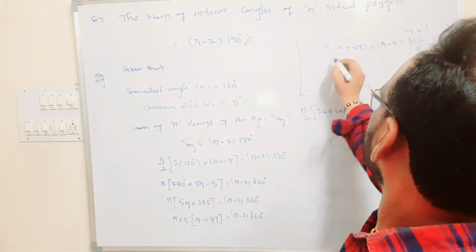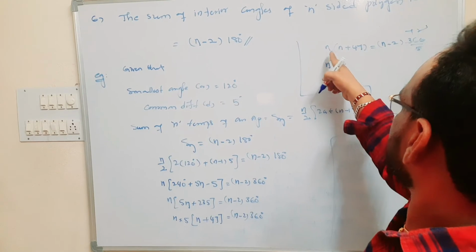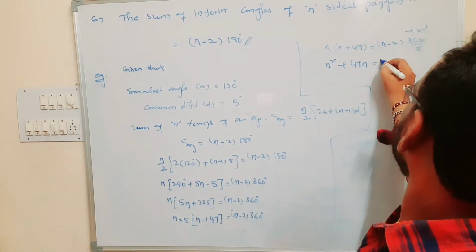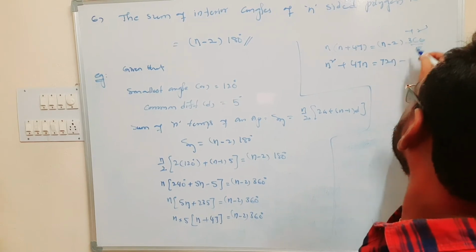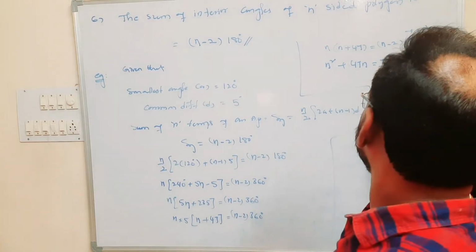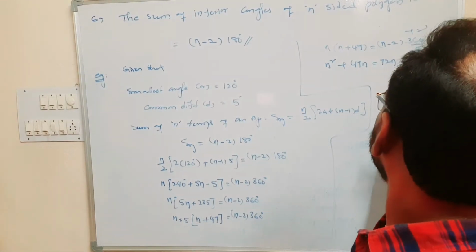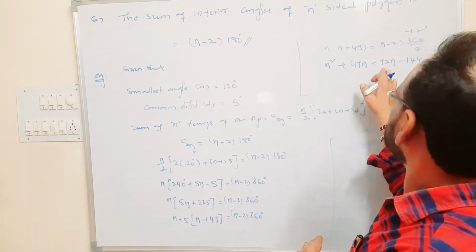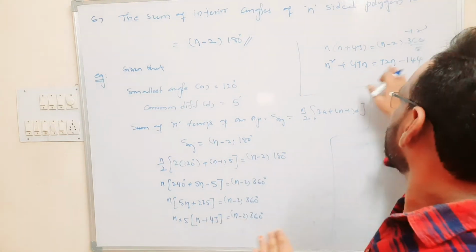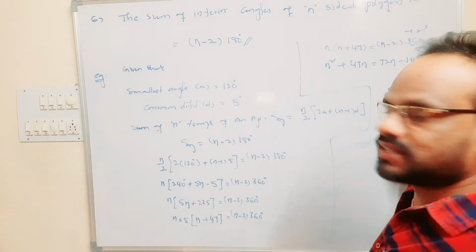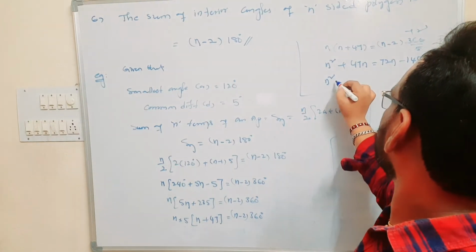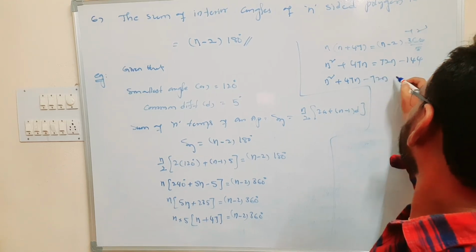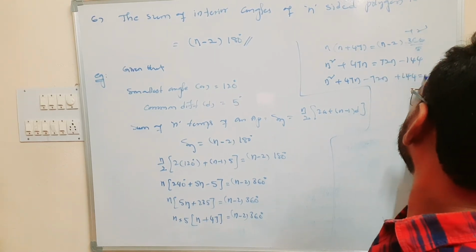So n into n is n square, plus n into 47n, is equal to 72 into n, 72n, minus 72 into 2, that is 144. If you transpose 72n minus 144, 72n becomes minus 72n and minus 144 becomes plus 144. So n square plus 47n minus 72n plus 144 is equal to 0.